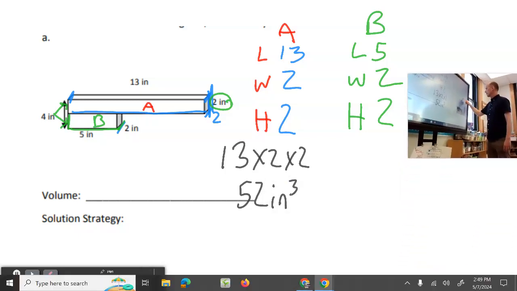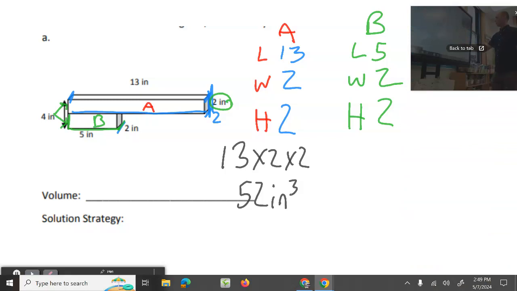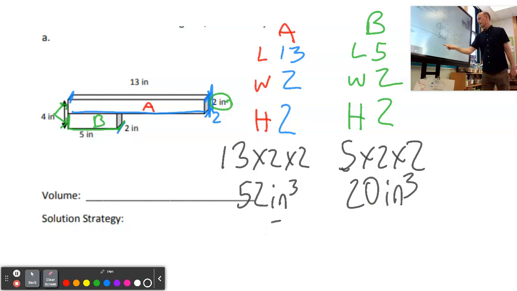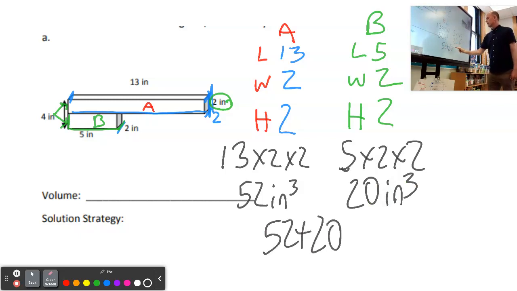For B, we are going to do 5 times 2 times 2, so 10, 20 inches to the third power. 52 plus 20, 72 inches to the third power.